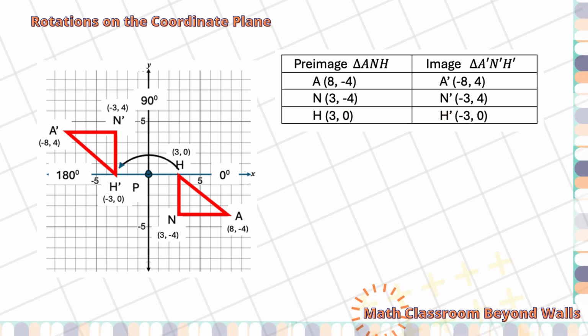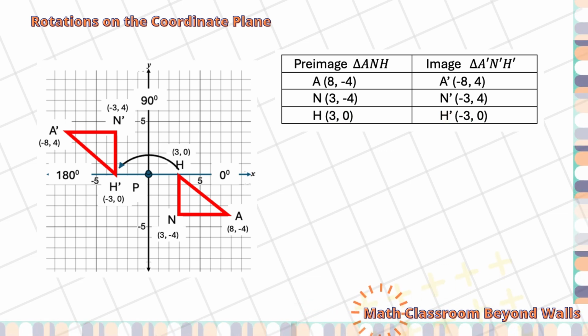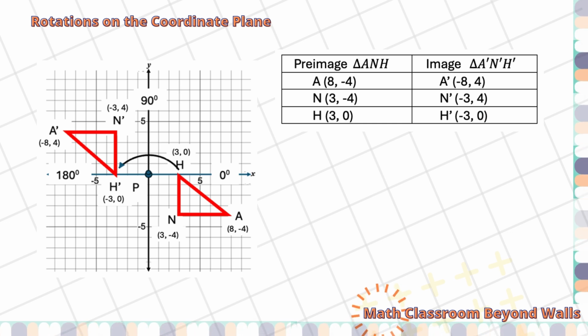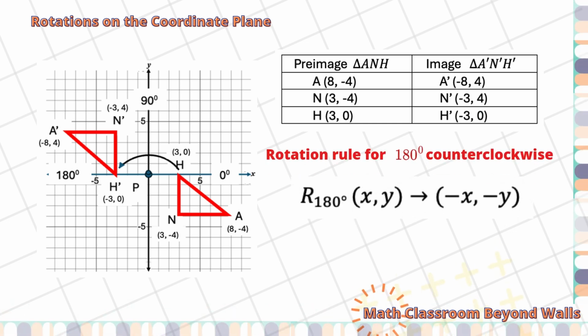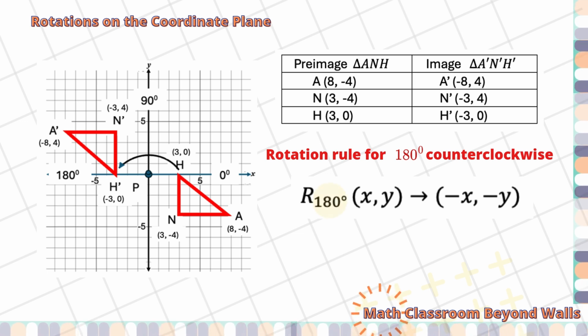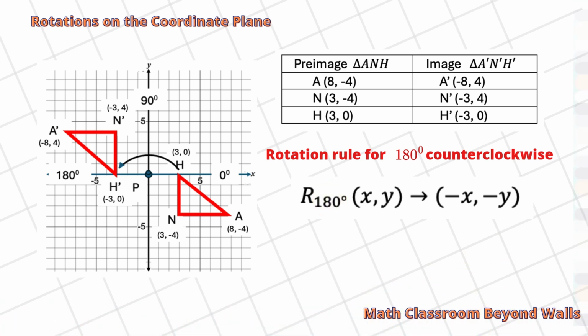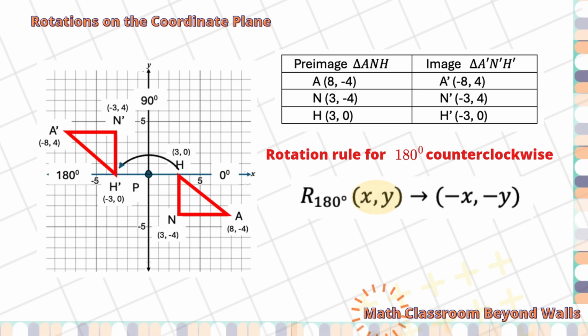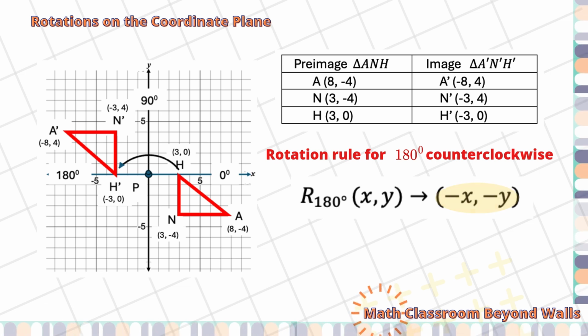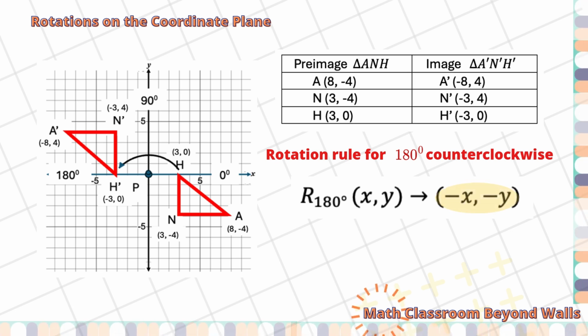From these changes, we can write the transformation rule or the rotation rule for 180 degrees counterclockwise as. This means that in 180 degrees counterclockwise rotation, any point (x, y) on the preimage will be transformed to (-x, -y) on the image.